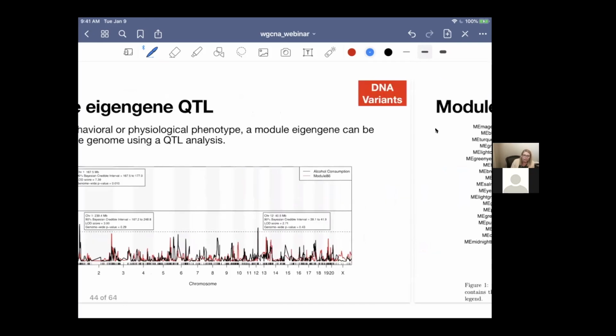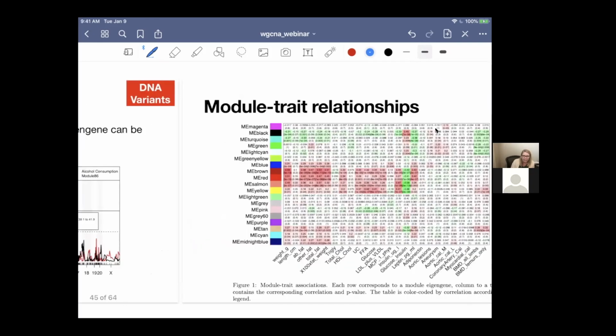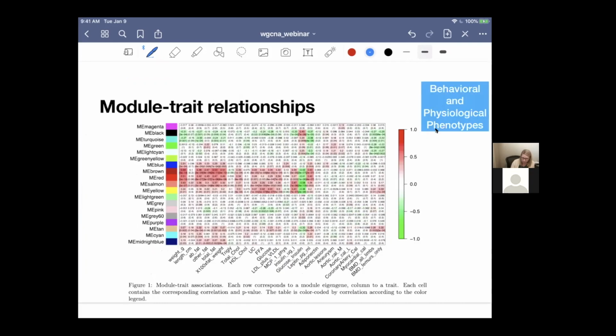This is kind of a messy figure that I pulled out of some of their tutorial information, but one of the big benefits of the WGCNA R package, I'll have to say, is that some of the graphics they do are very creative. What they've done here is, these are all modules for their network, and they've looked at their association across all of these phenotypes and color coded those associations.